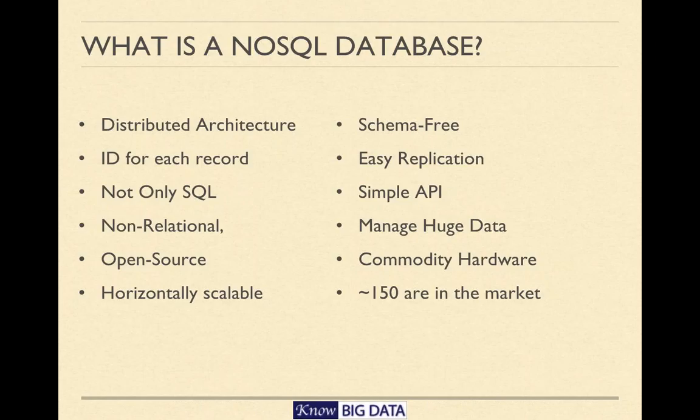Therefore, if you want adoption, if you want your software to be adopted by many people, in case your product is capturing the information of the user, then you have to make it open source. All right. Third is horizontally scalable, of course. That is the property of NoSQL, and schema free. All right. And then easy replication, simple API, and managing huge data on commodity hardware.